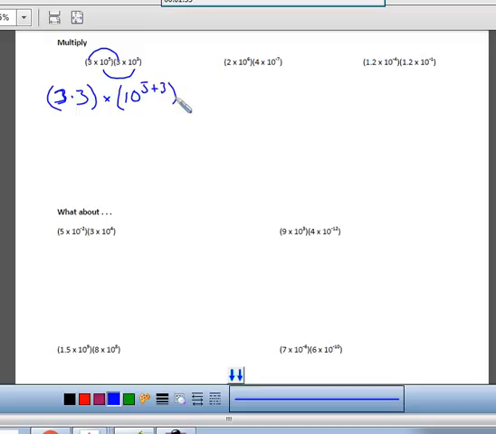Now remember, when you multiply numbers with exponents and the base is the same, you add the exponents. So it looks like this. Now I know we don't need a multiplication symbol in between parentheses, but I'm using it because I'm going to leave my answer, and actually maybe up at the top put a star, or above this put a star, leave answer in scientific notation.